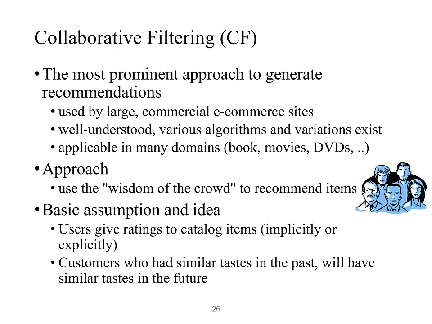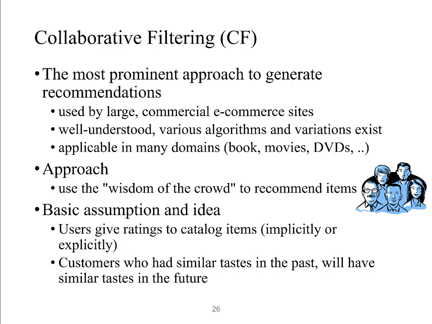The basic assumption of collaborative filtering is that users gave ratings to catalog items, implicitly or explicitly. For example, they can rate the items, giving a score or stars, or the ratings can be obtained from their purchase log or click log.